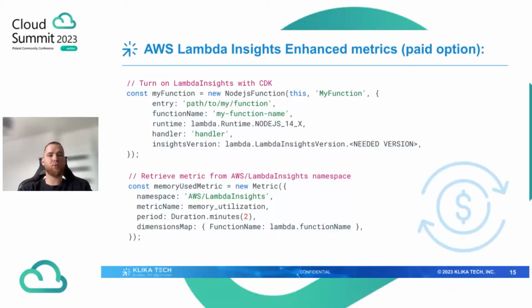For this purpose, we just need to specify the insights version field with the needed version during Lambda initialization. And then we can retrieve the needed metrics in the Lambda Insights namespace by using the Metric class provided by the AWS CloudWatch module.